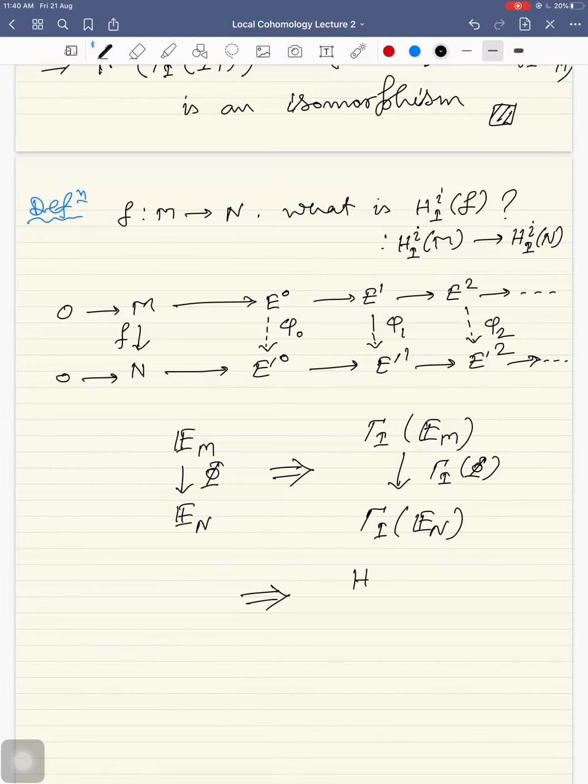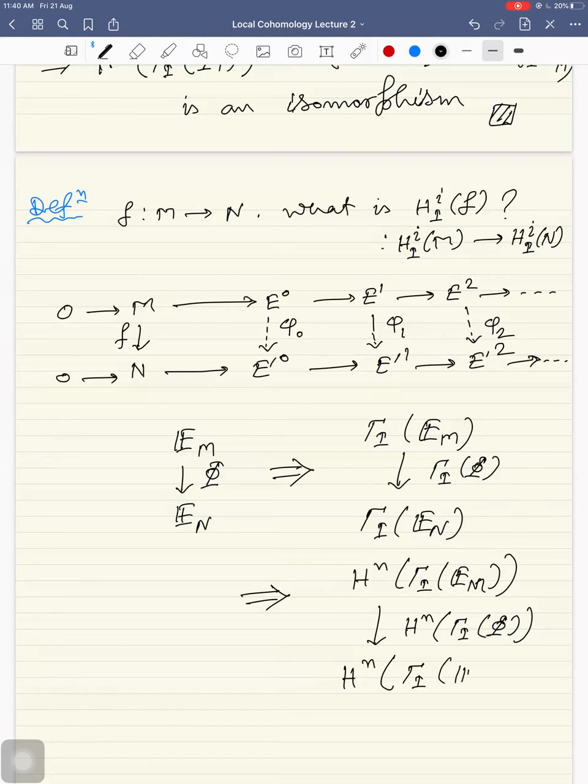So on the cohomology level you will get gamma I of phi.